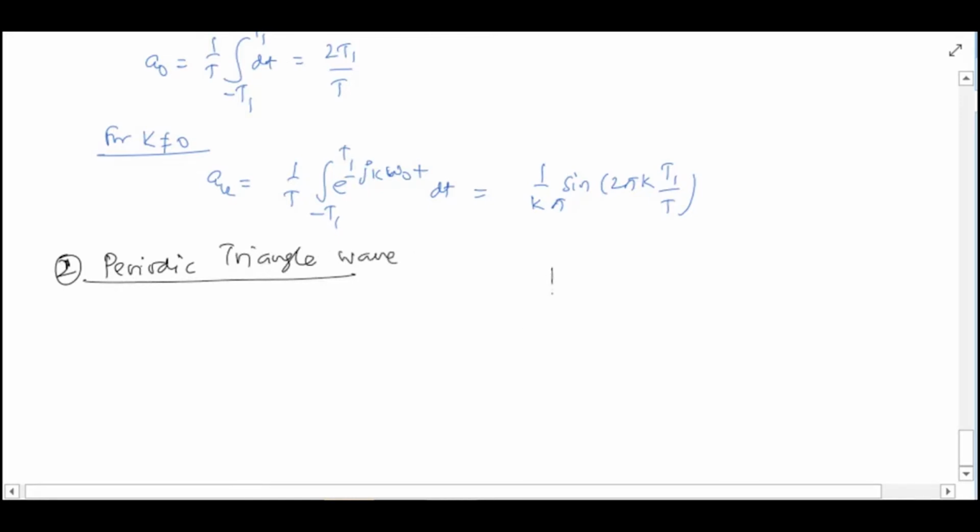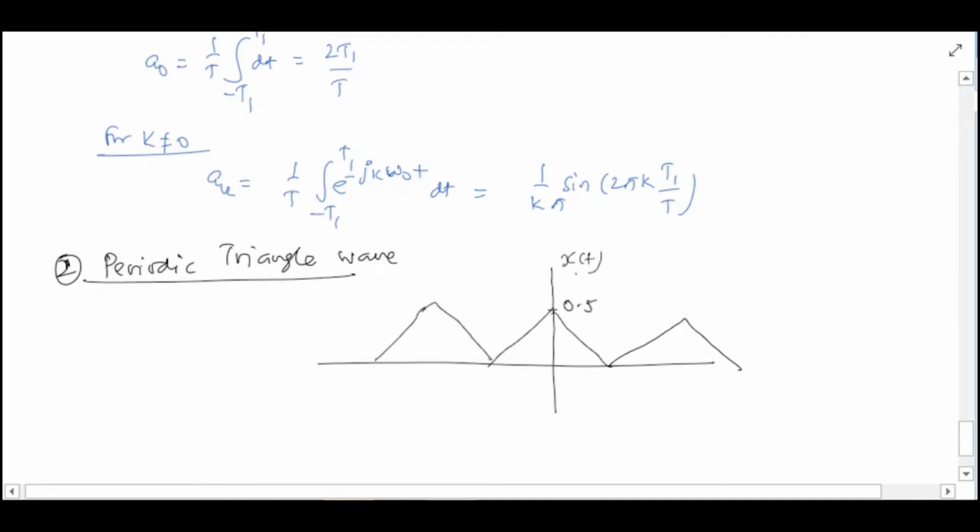It looks as follows. The height of the triangular pulse is 0.5. On the other hand, its period is 1.